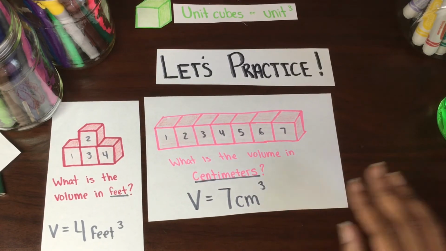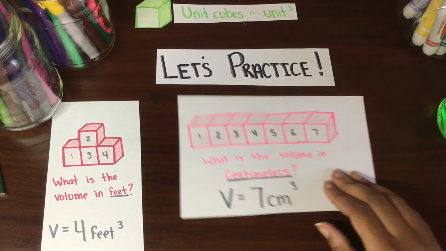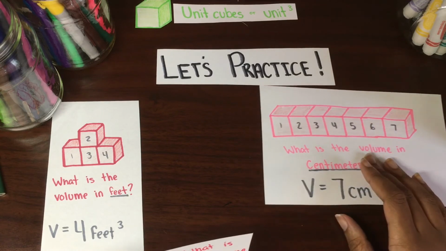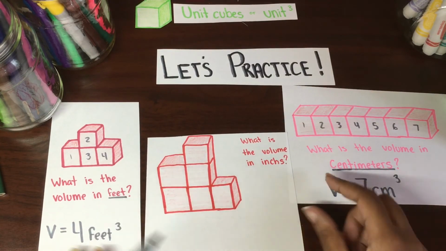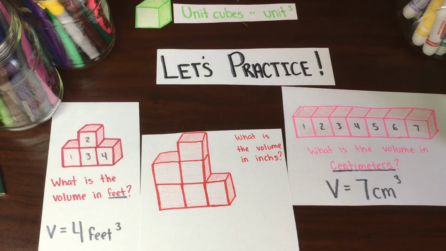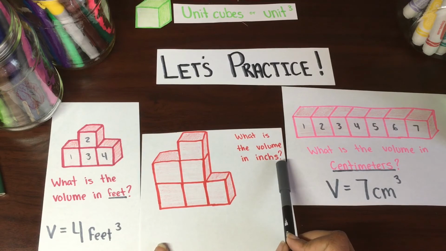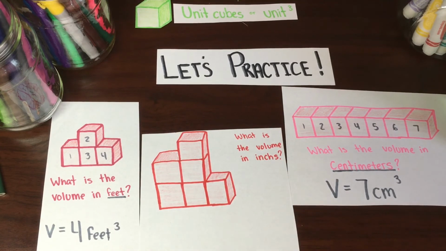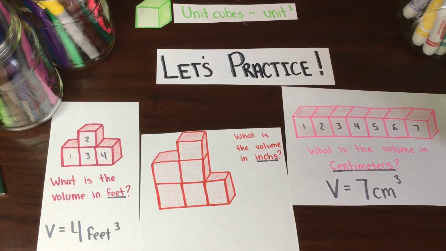Now, let's do one more. I'm going to move this one over here and put this one here. So, this one is asking, what is our volume in inches? Now, this is going to be pretty much the same process.